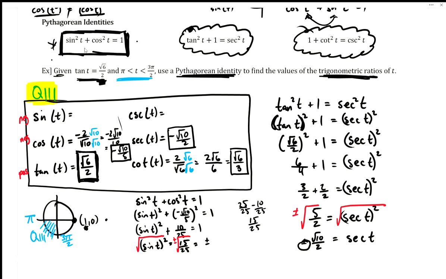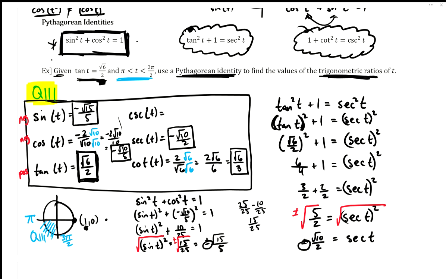So we have plus or minus square root of 15. We can't simplify that. But the square root of 25 we could do. It is just 5. And then again, I'm back to the highlighted quadrant 3. Sine is negative in quadrant 3. So this should be negative radical 15 over 5. So there's our sine answer.